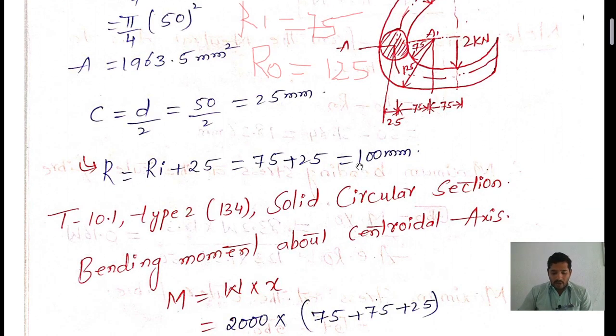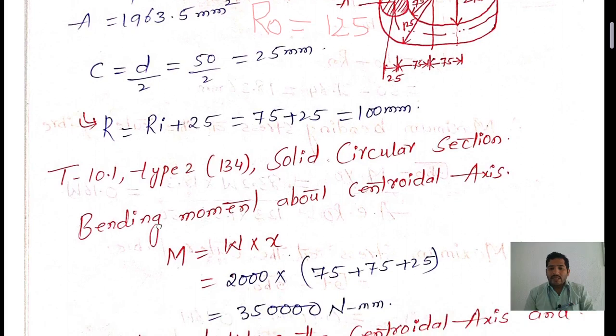After that, our main intention is to find the bending moment in this problem. To find the bending moment about the centroidal axis, M is equal to load into perpendicular distance.